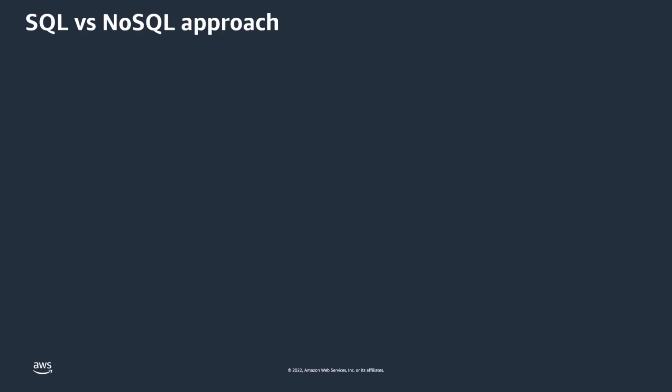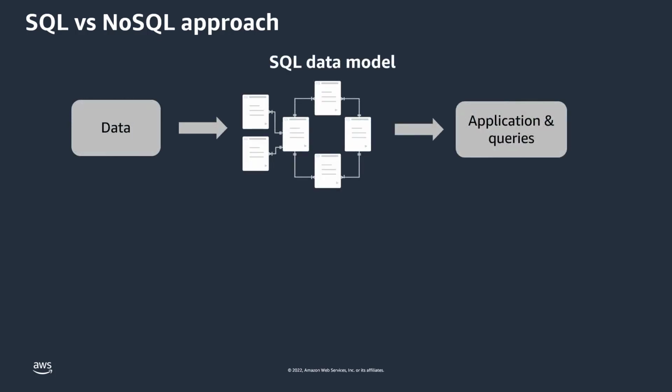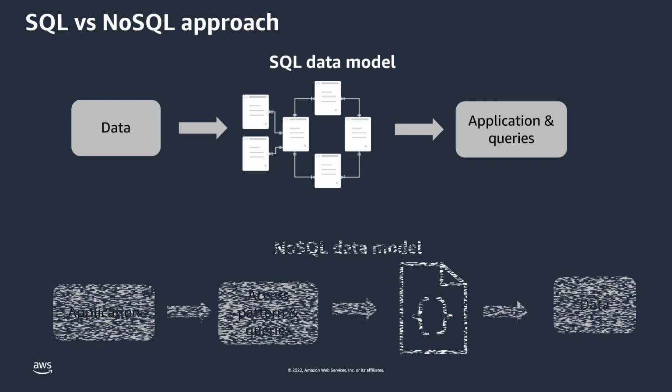Another important consideration for data modeling is the different approaches between relational and non-relational. In the relational world, you start from the data, and typically you structure it using a normalized model into tables, defining the relationships between them. And then you write the application and queries to retrieve that data.